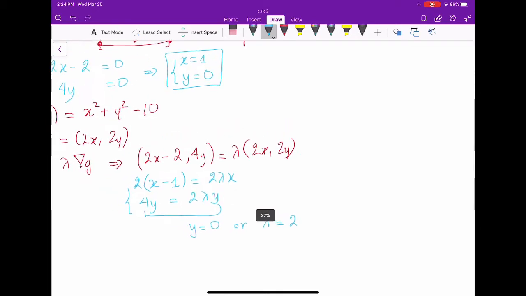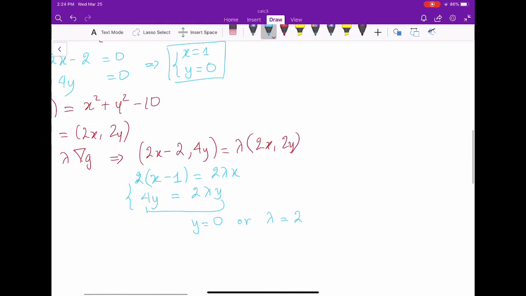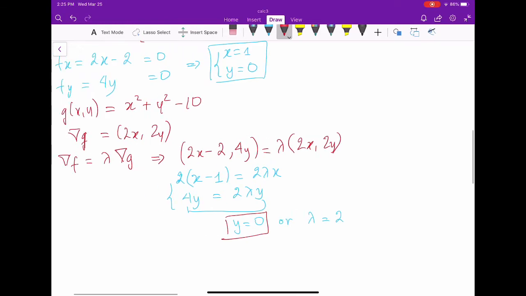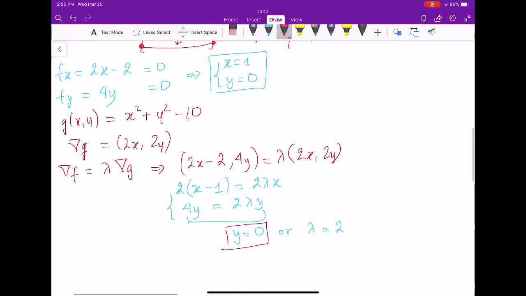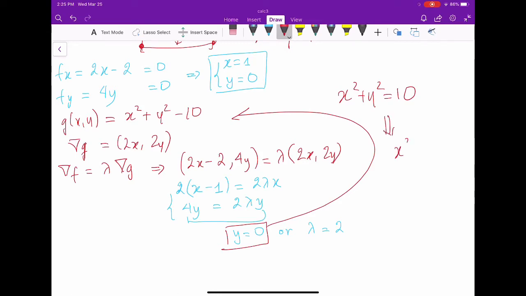So if y equal to 0, you can plug this into the constraint, which is x squared plus y squared equal to 10. And from here you can solve x squared equal to 10, or x equal to plus or minus square root of 10.